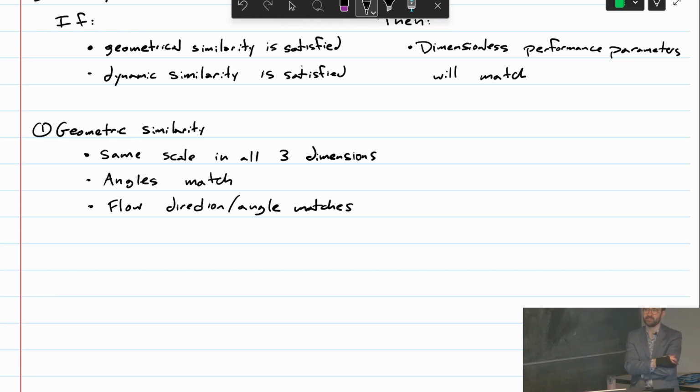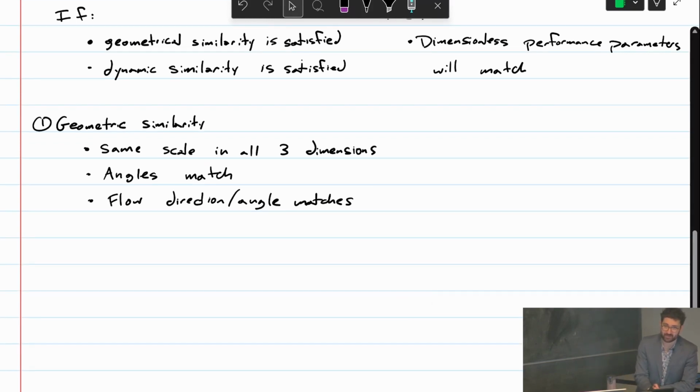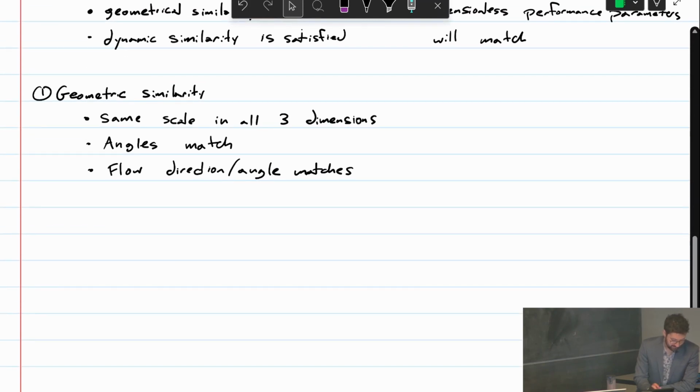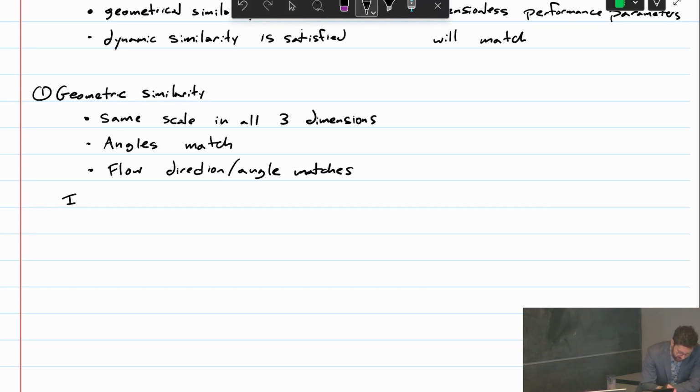I'm really not sure if anyone else knows of examples where you can scale things, say stretch your airplane in one direction but not the others, so let me know. But it's almost always done scaled in three dimensions. Okay, so geometric similarity has some interesting consequences.